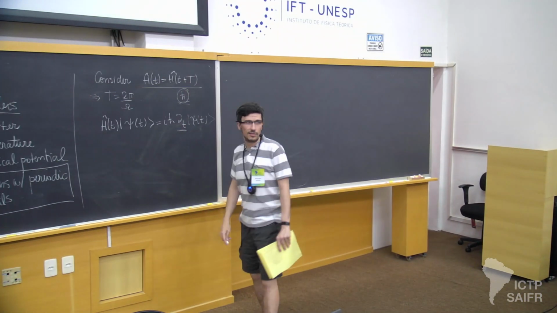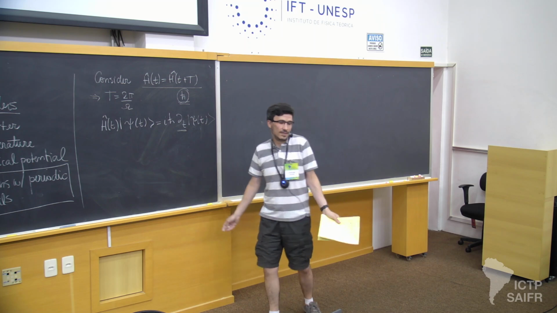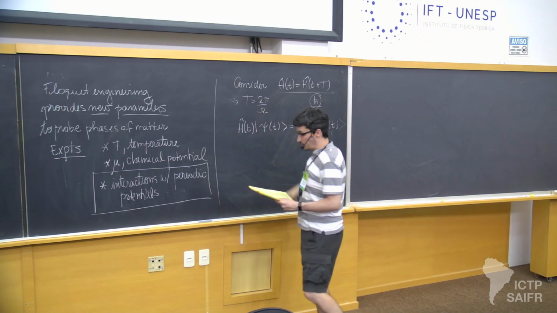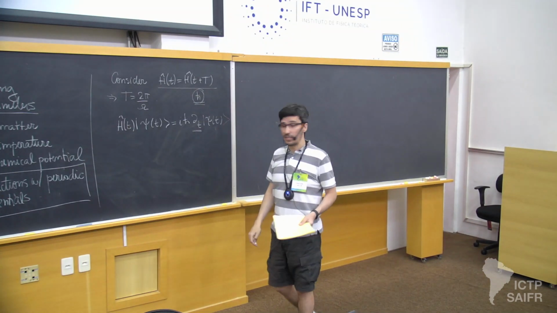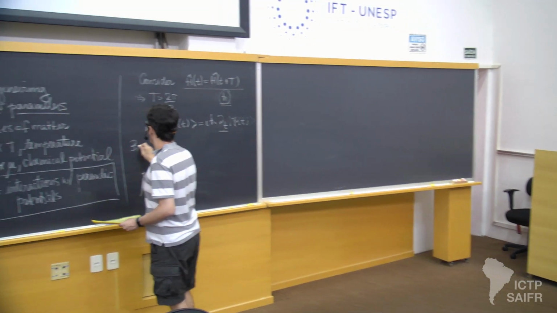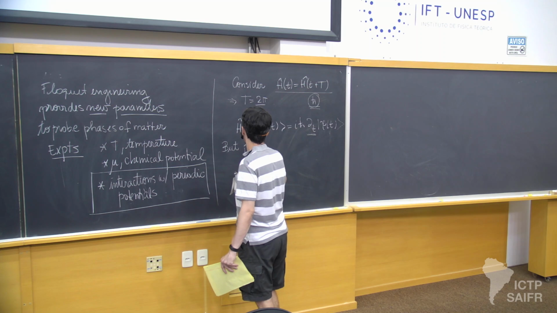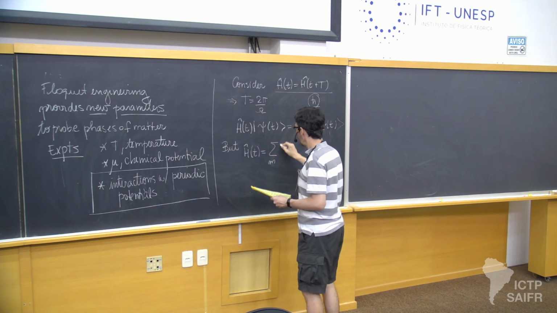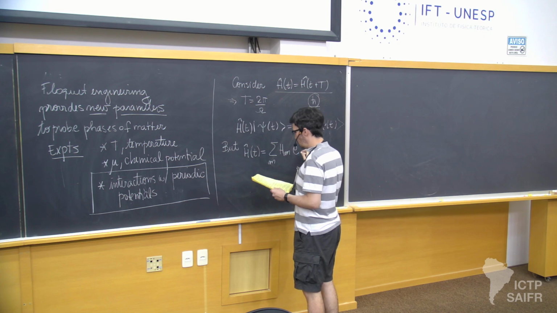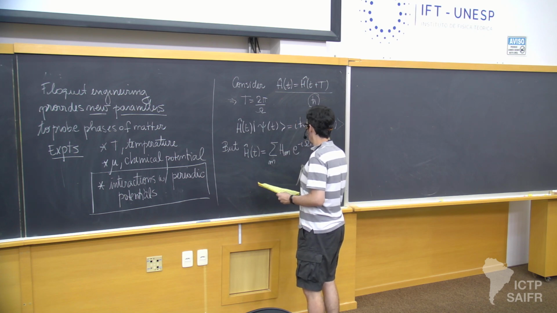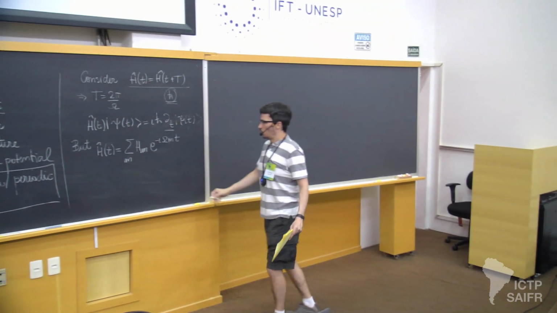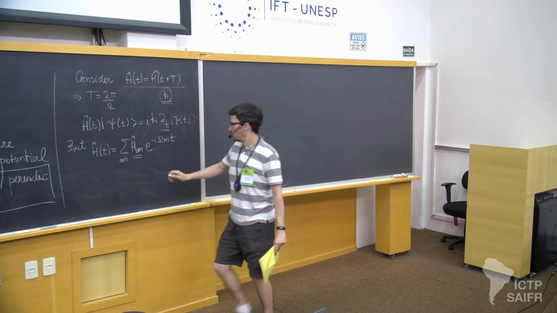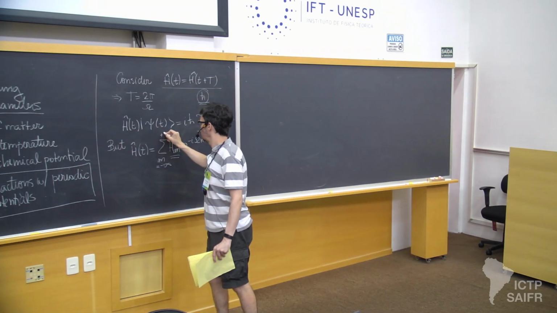Of course, we cannot easily solve it, as is often the case. But let's now use explicitly that the Hamiltonian is a function of time that is periodic. So if the Hamiltonian is periodic in time, H can be written in the following form: sum over m of H_m e to the minus i omega m t, where these are operators as well, and m runs from minus infinity to infinity in principle.